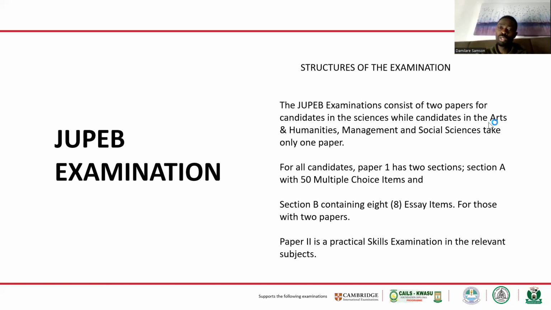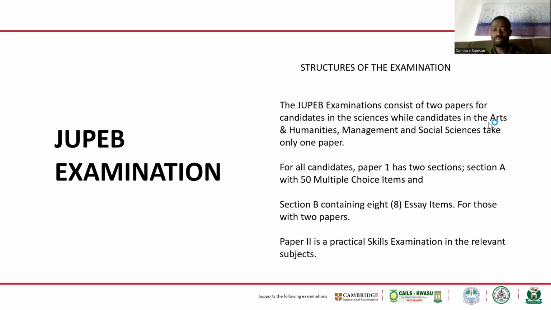It consists of two papers for candidates in science, while candidates in arts and humanities, management, and social sciences take only one paper. Now, comparing JUPEB to IJMB, IJMB has three papers, if you remember: paper one, paper two, and practical. That's for sciences. But for JUPEB, you only have two papers. That's what you'll be writing.